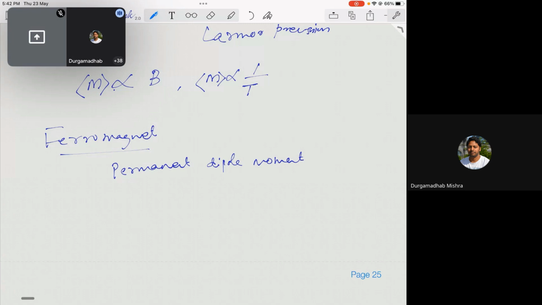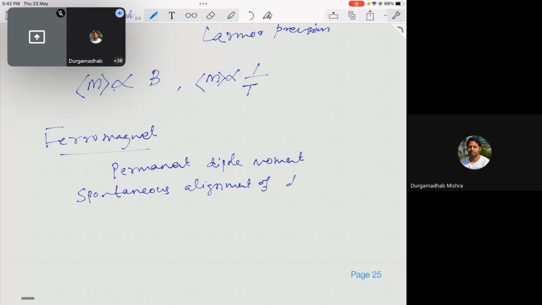But what is interesting here is that these dipole moments interact in such a way that they are aligned, and they don't need any external field to get aligned. So they will always align spontaneously. This is a spontaneous alignment of dipoles.